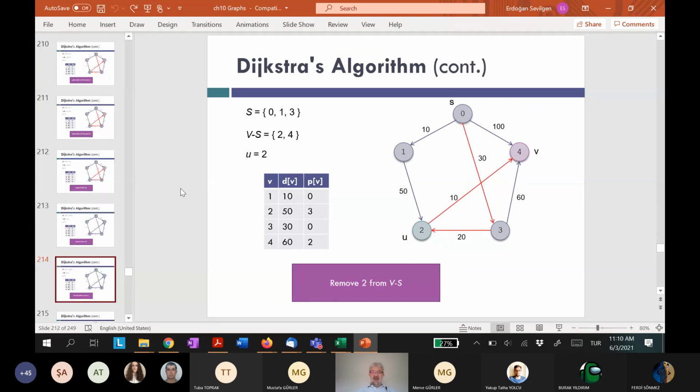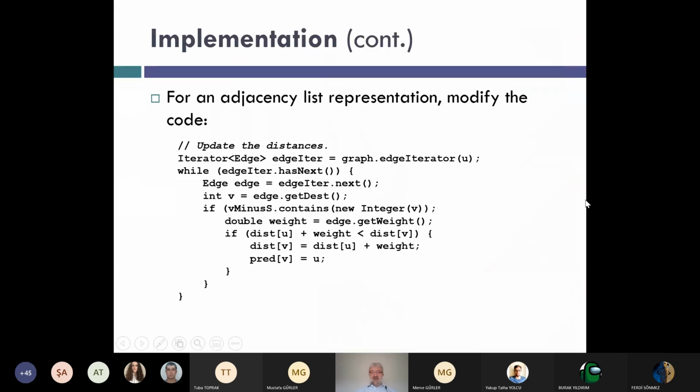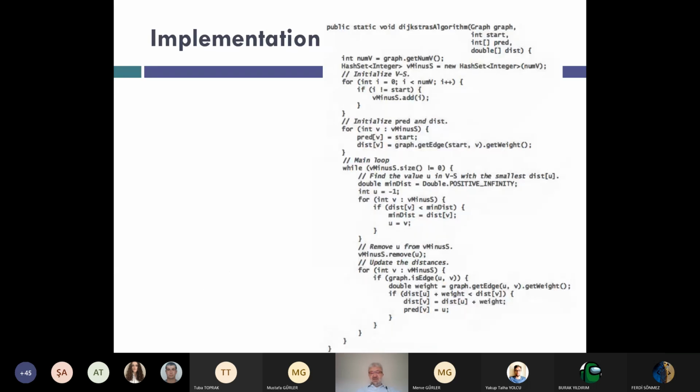Okay. So we are here, right? For adjacency list, this kind of implementation is better. For adjacency matrix, this kind of implementation is better. And you can take this part and modify it to use a priority queue, then you can have a better running time.